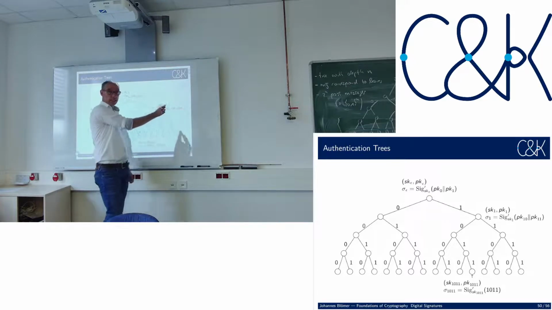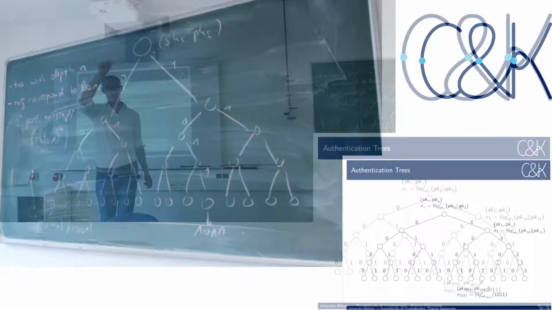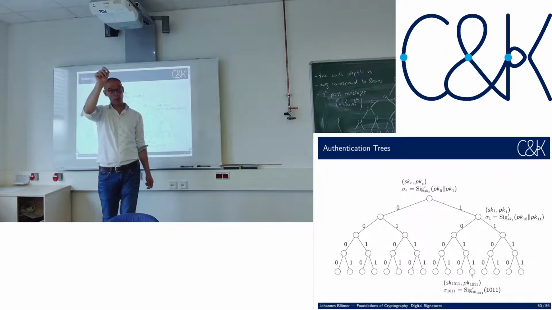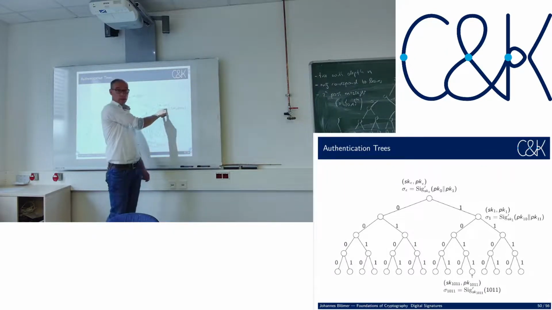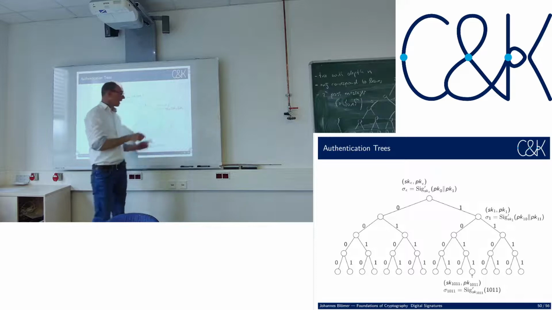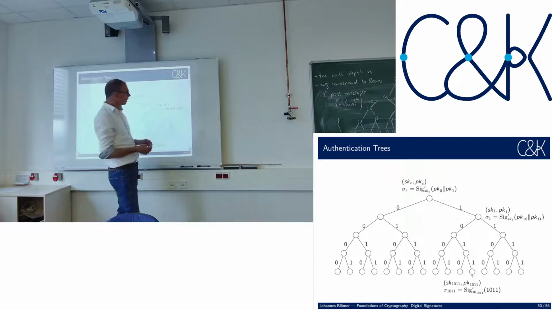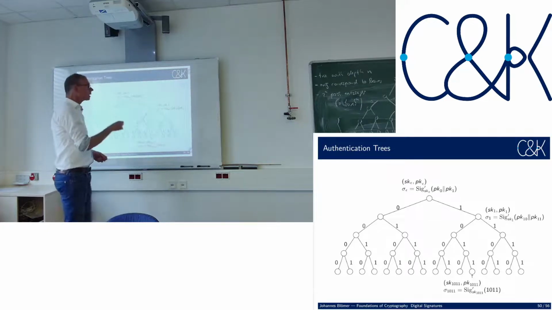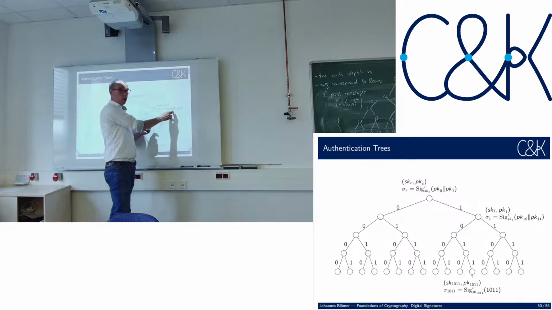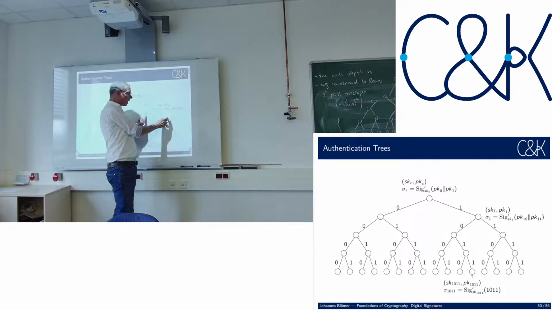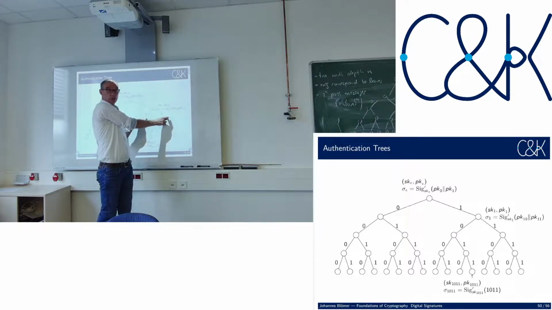These are all indexed with the corresponding description of the path to that node. Here it's just 1. And it also contains a signature, and the signature it contains is the signature on the public keys that sit in its children.